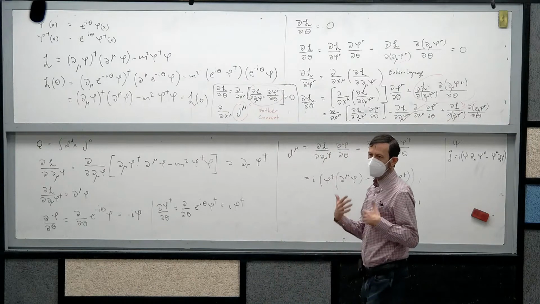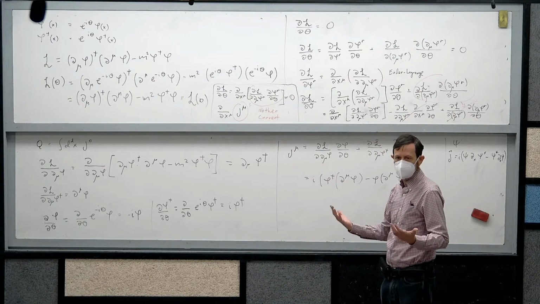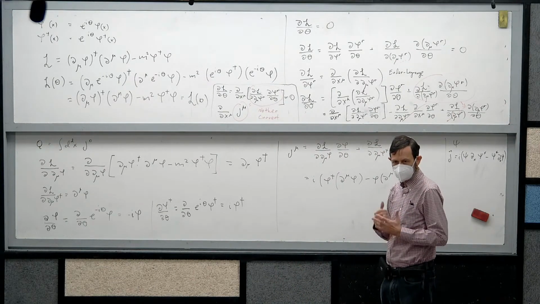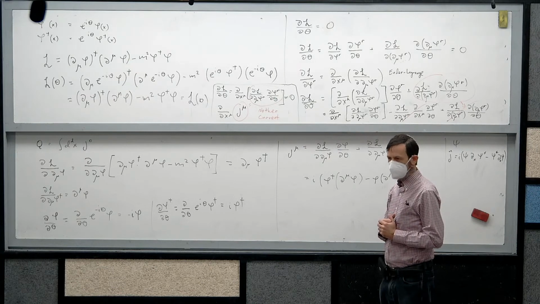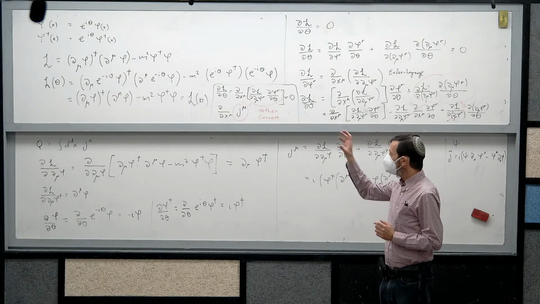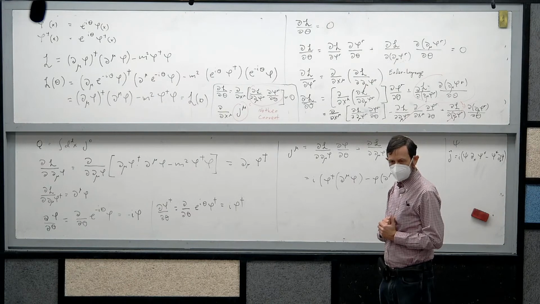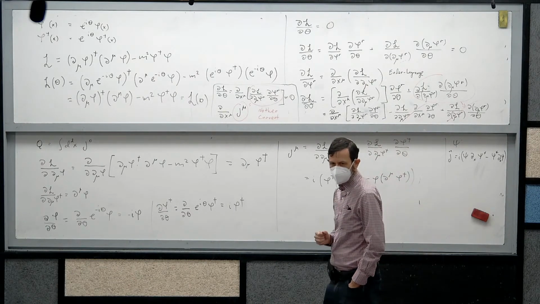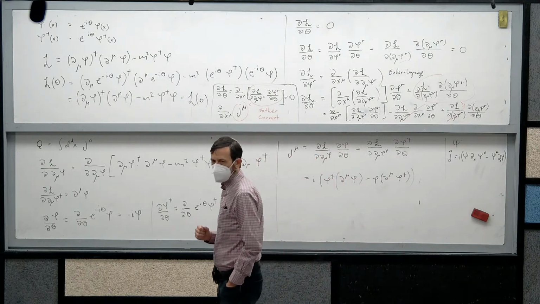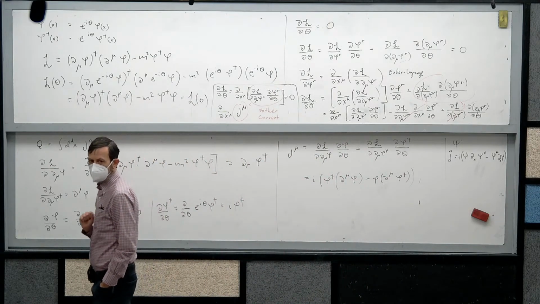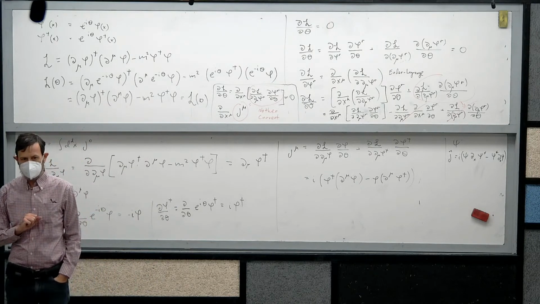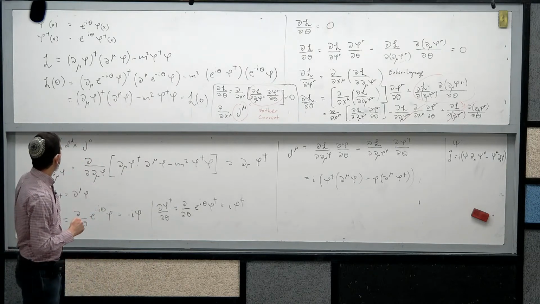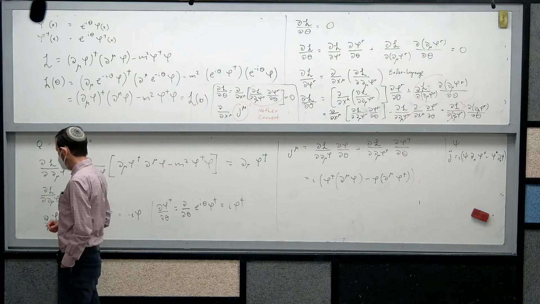And I told you that symmetry can give me some interesting conservation laws. Okay, I want to go to this type of field, the complex field, and demand a stronger type of symmetry. What do I mean by a stronger type of symmetry?